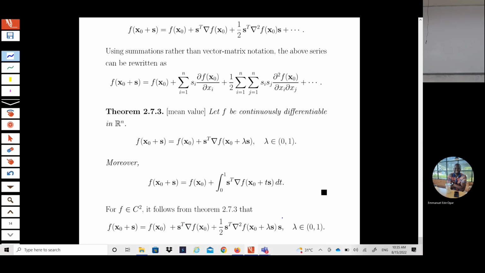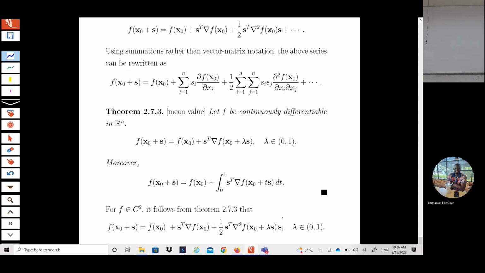Now we consider again the mean value theorem. In the mean value theorem, assume that f is a real function of n variables, and the function f is continuously differentiable in R^n space. That means it's continuously differentiable for every point x in R^n.